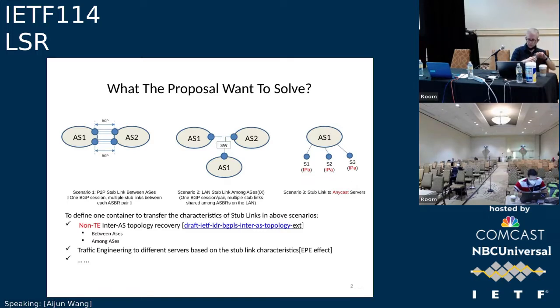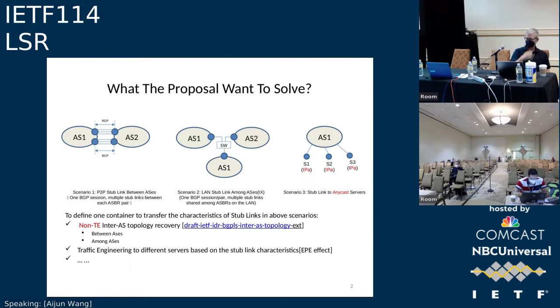The second scenario is for the Internet Exchange Center. There may be several ASes connected via the LAN interface, and we also want to recover the interconnection topology among them. The third scenario is for the anycast server scenario. Several servers with the same address may be connected in different networks via stub links.